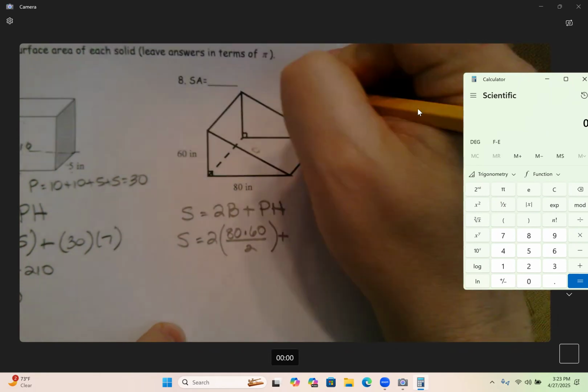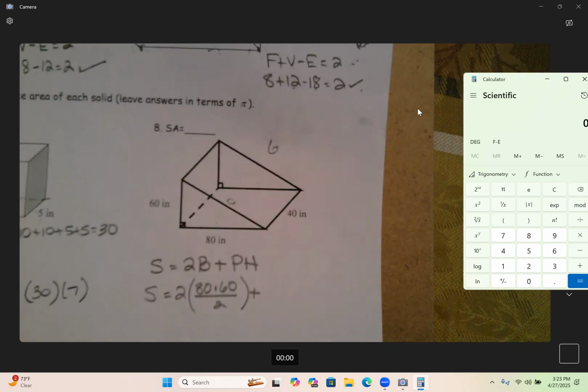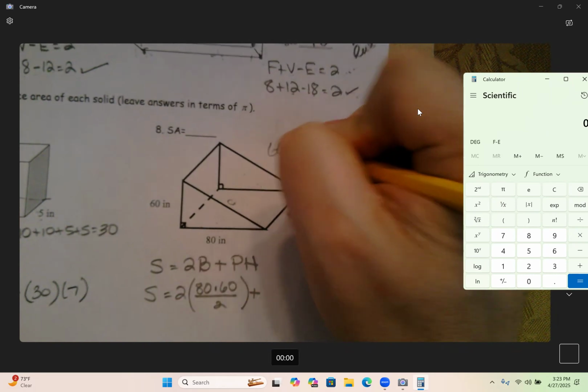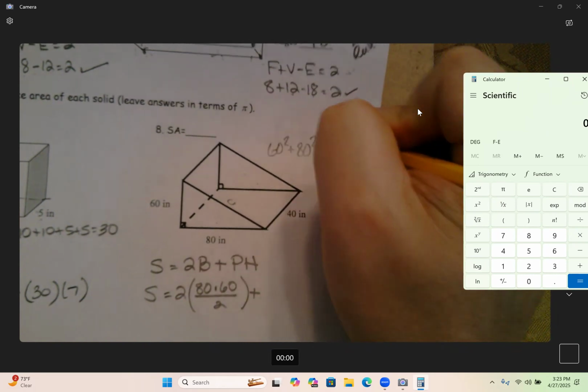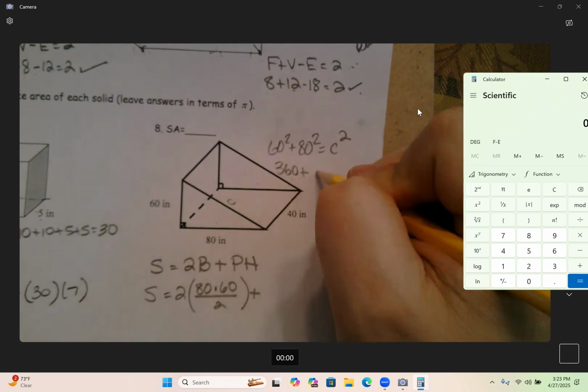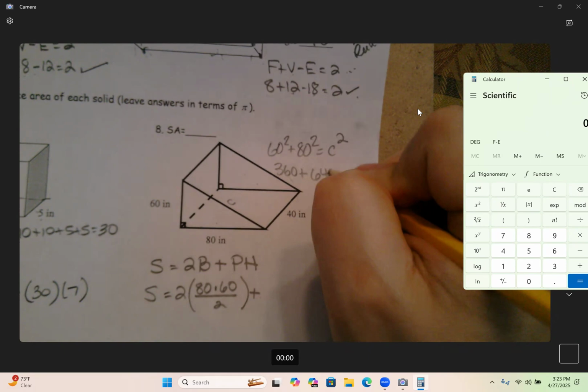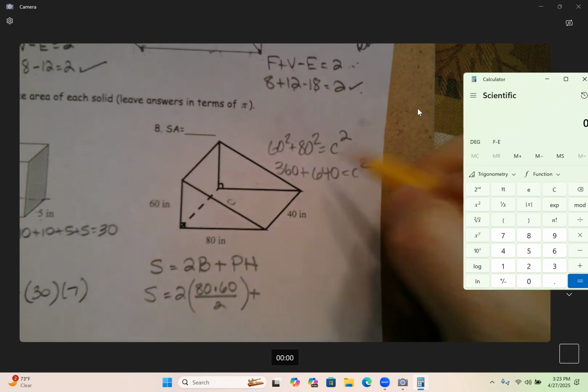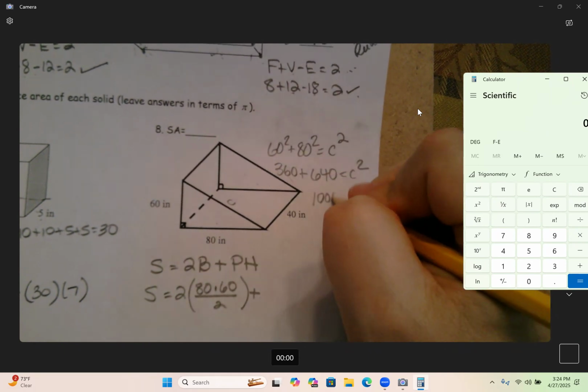So 60, I'm sorry, let's try this again. 60 squared plus 80 squared equals C squared. 60 times 60 is 360. 80 times 80 is 640. 360 plus 640 is 1,000.